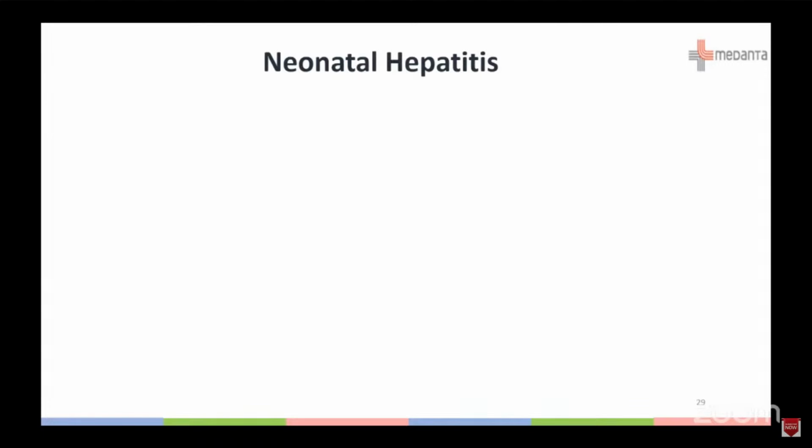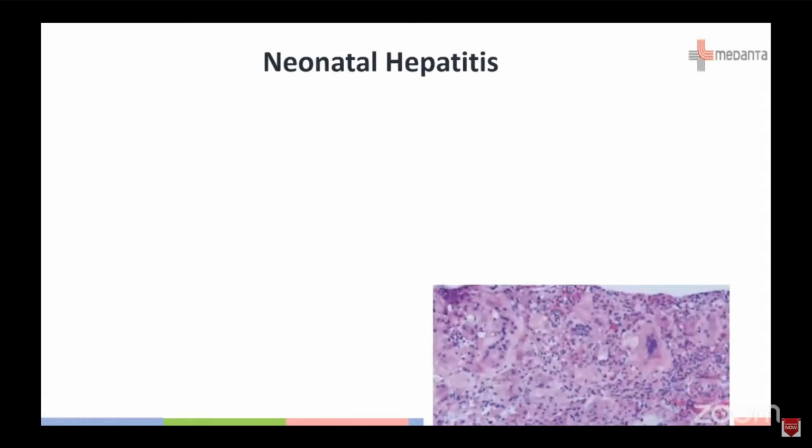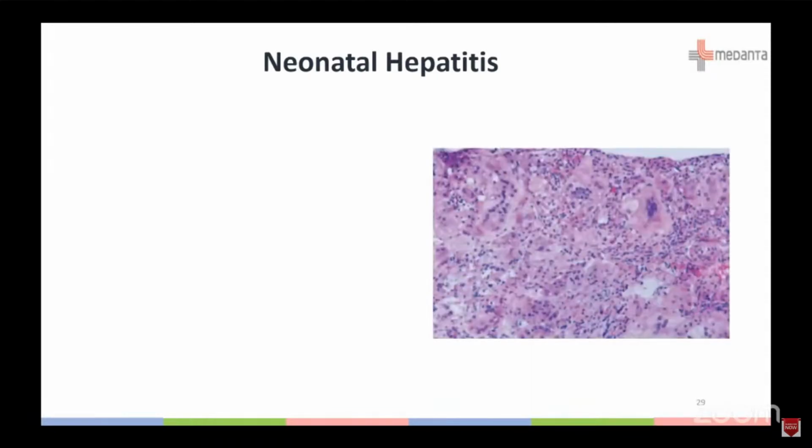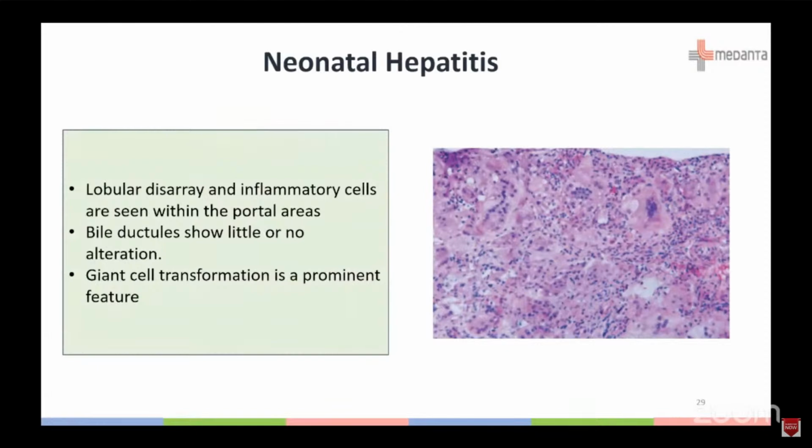Another important differential diagnosis of biliary atresia is neonatal hepatitis, but the liver biopsy picture is completely different from biliary atresia. In neonatal hepatitis, we get lobular disarray and inflammatory cells in the portal tracts.